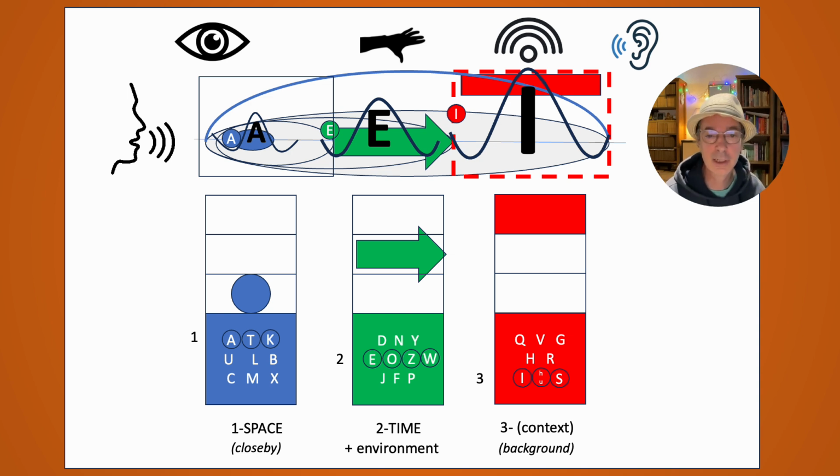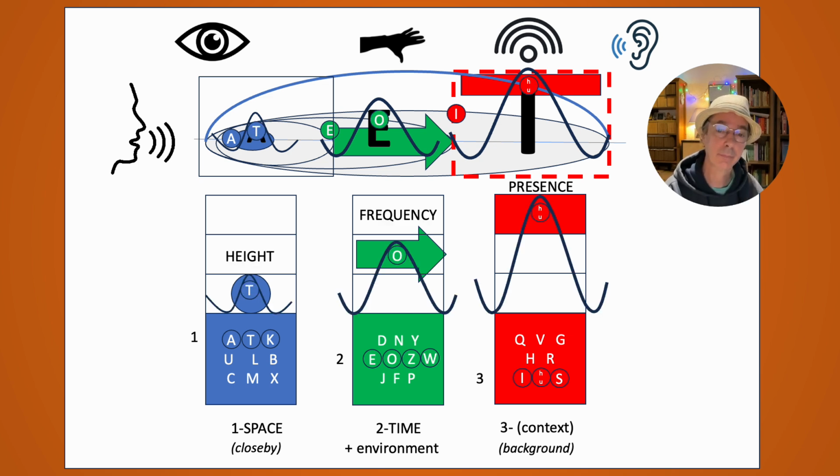So these are three kinds of regions that we can hear, and the basics for these regions are A, E, and I as localizations of these regions.